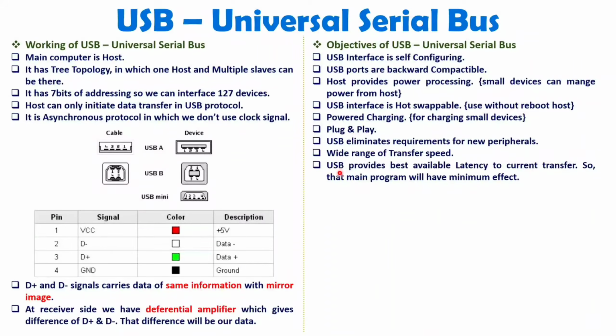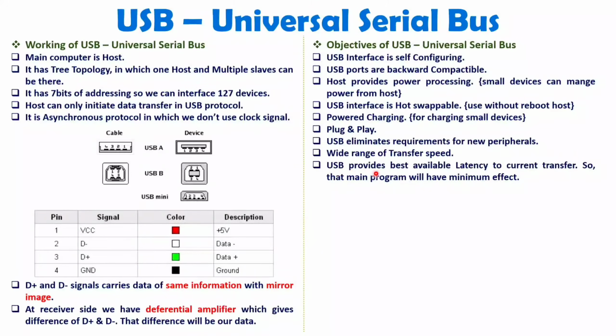Here USB provides the best available latency to current transfer. Let me explain this. If you have multiple programs running in your host, and in that situation you have one current transfer with USB, then obviously your system will get shared with the USB transfer as well.